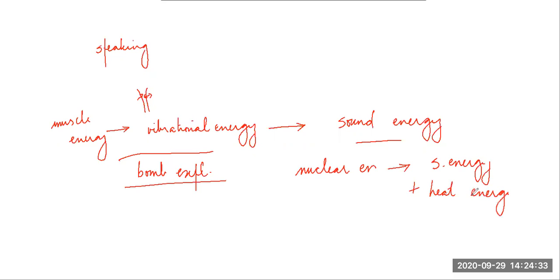You hear a big explosion whenever there is a bomb explosion. Explosion is a lot of heat energy, sound energy. So there are lots of kinds of energies. Wave energy is also sound energy and heat energy. So nuclear energy is getting converted into that, right?